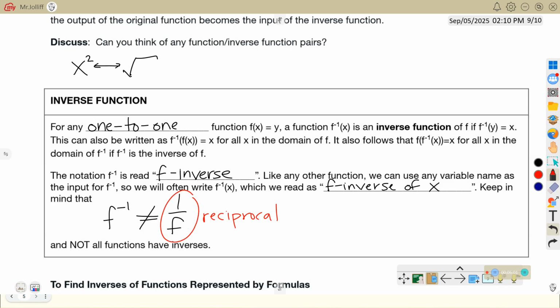You've heard of that word reciprocal before. You learned about it when you flipped a fraction upside down. That's what we're doing here. f becomes 1 over f. That's a reciprocal relationship. That is not the same as an inverse. Inverses undo each other. They don't flip each other upside down. So this is f inverse. This is the reciprocal of f. Separate things. So we need to be very careful about how we use vocabulary now.